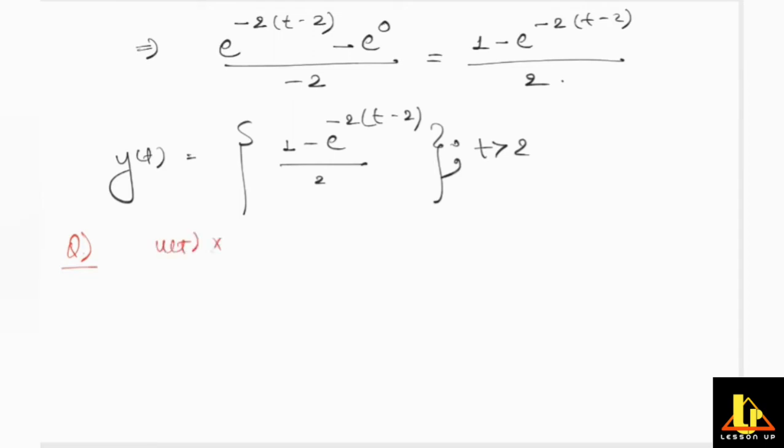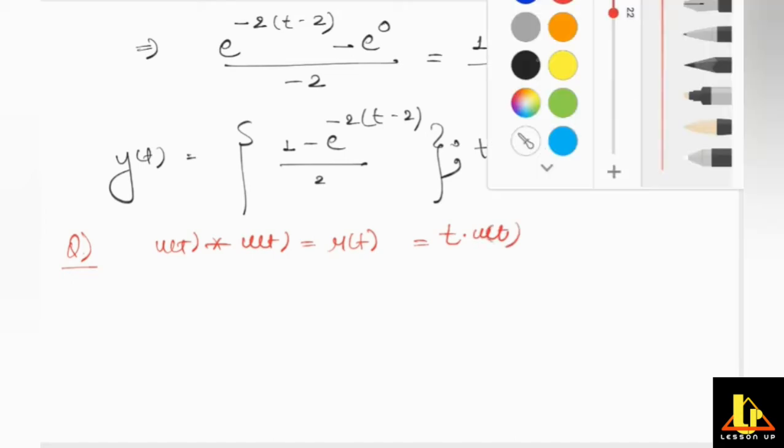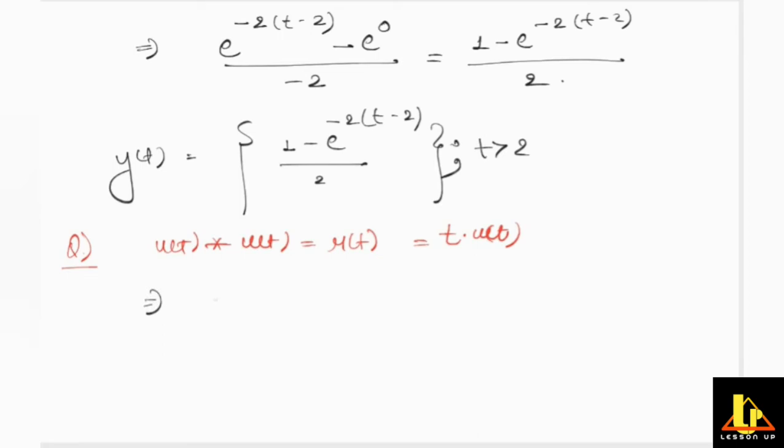U of t convolution u of t is equal to r of t. If you convolve u of t with u of t, you will get r of t, which is equal to t into u of t. Okay. To prove this equation, suppose y of t is equal to u of t convolution u of t. Then dy of t by dt will be u of t convolution the differentiation of unit step, that is impulse.